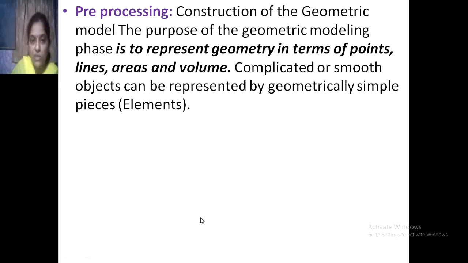In the geometric modeling phase, we present geometry in terms of point, line, area or volume, where complicated or smooth objects can be represented by geometrically simple pieces of elements.